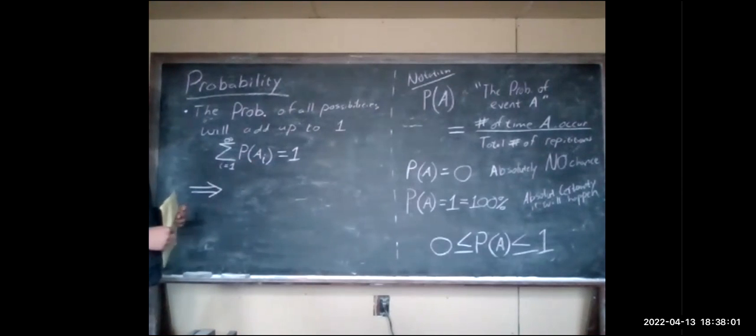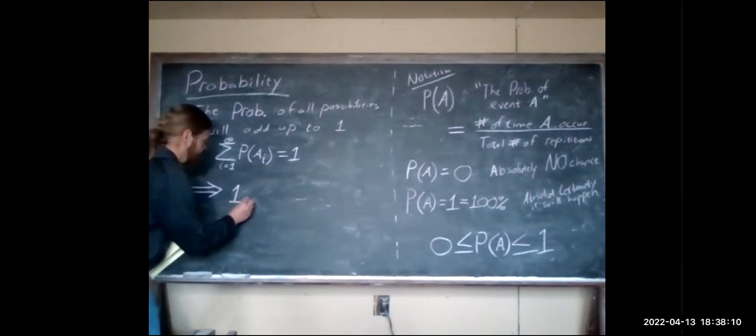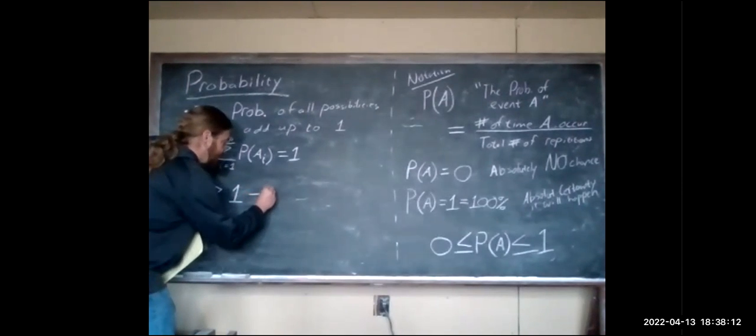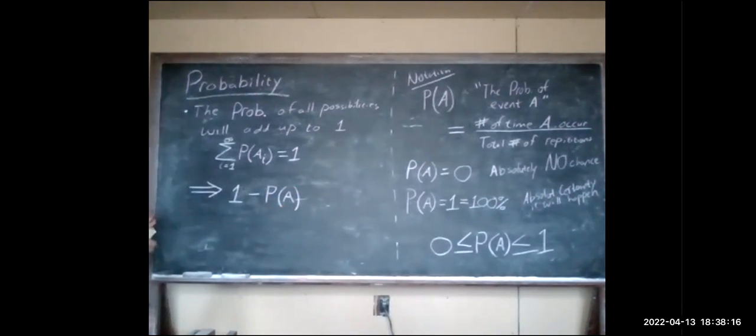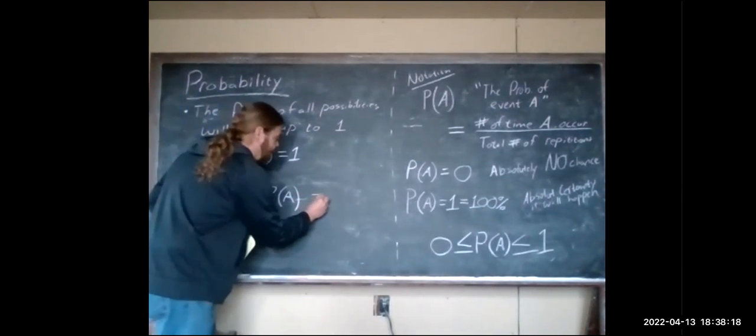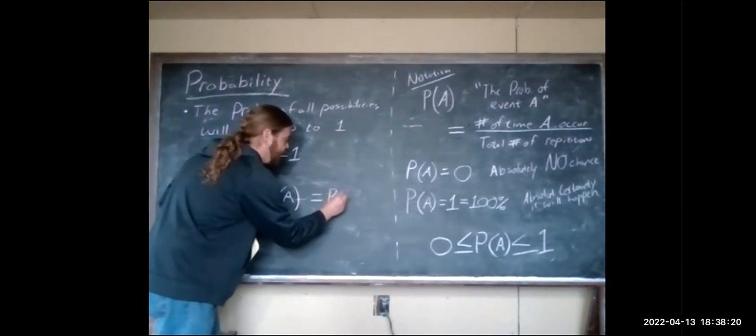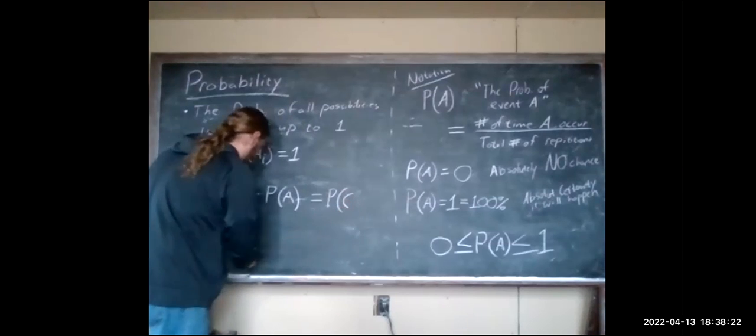So this fact right here, which in plain English is just something will happen, implies that 1 minus the probability of some particular event will give us the probability of the complement of that event.